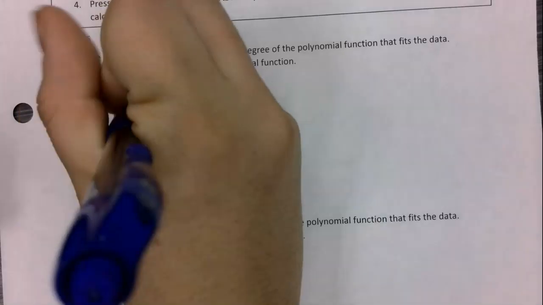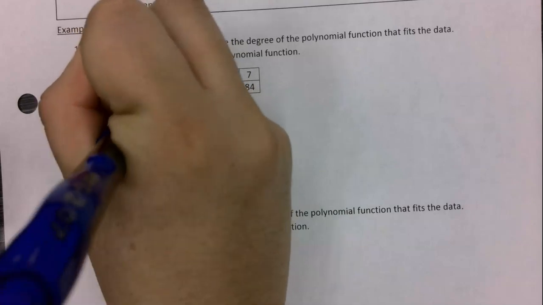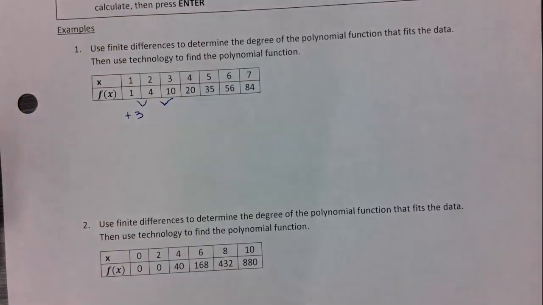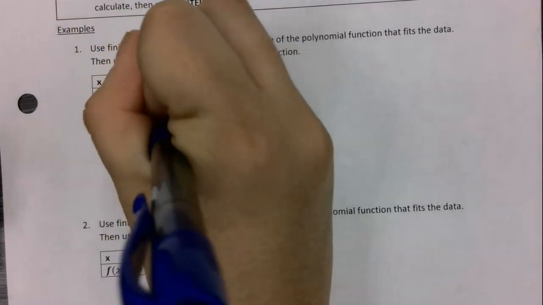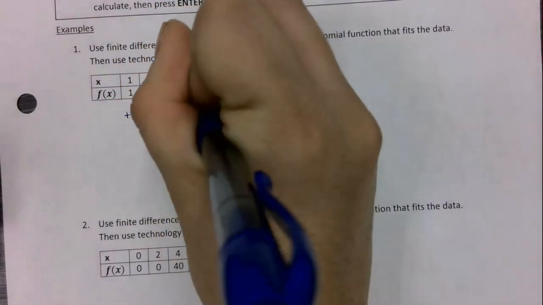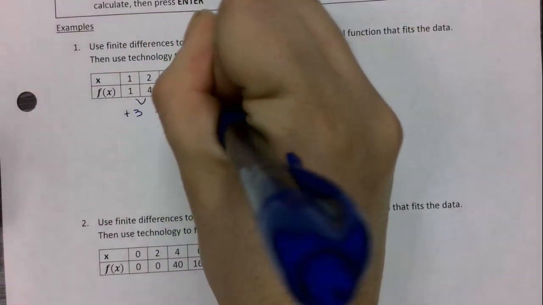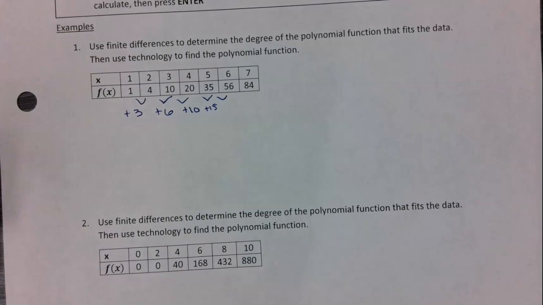So how do I go from 1 to 4? 4 to 10? 10 to 20? 20 to 35? 35 to 56? 21.